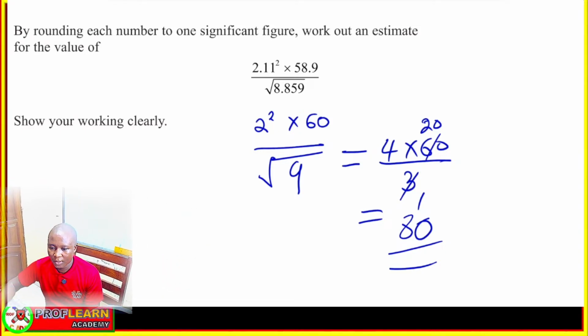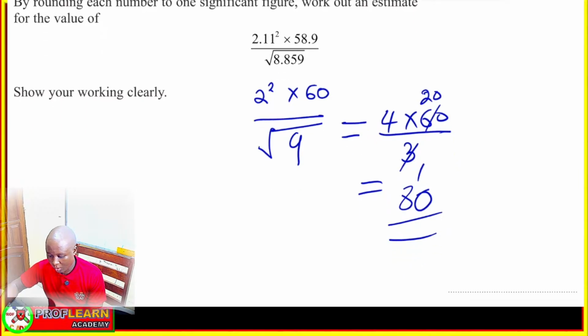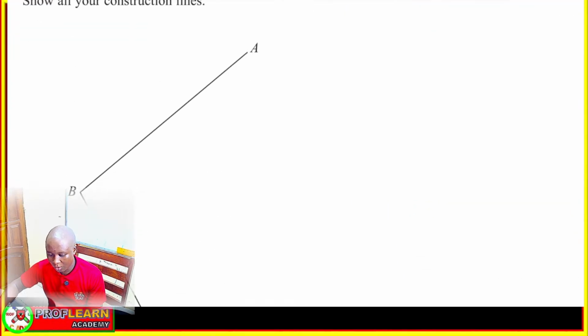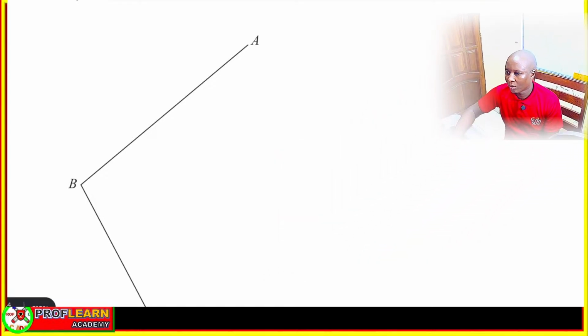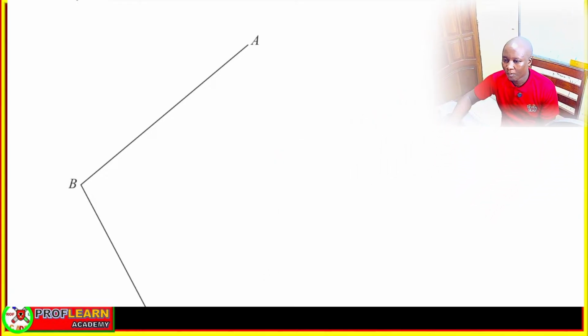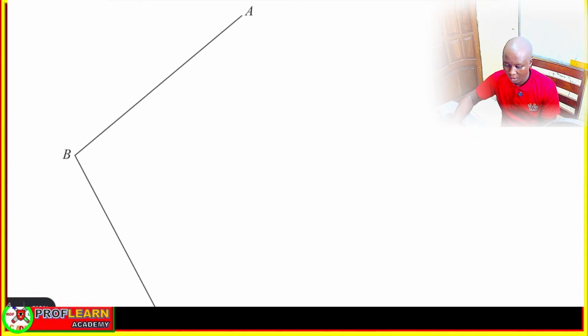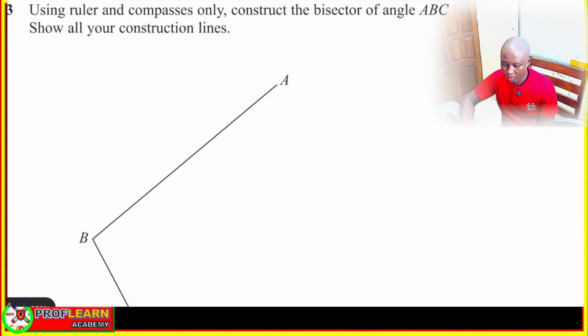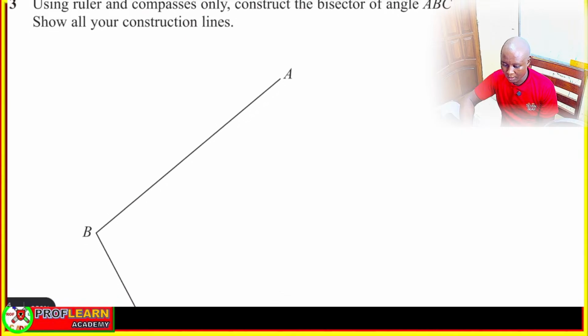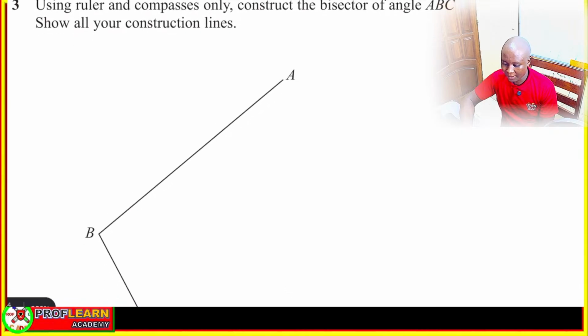As we proceed, we're going to see how you work out questions like this. How do you work a question that you are given here? Now you can see in this question you are told to, using a pair of compasses only, construct a bisector.